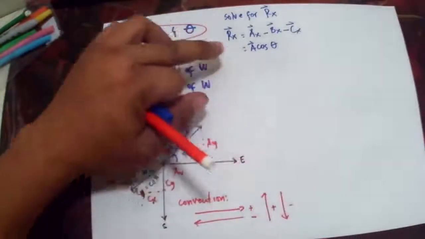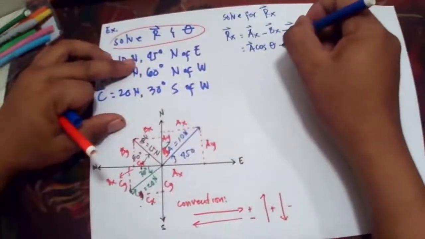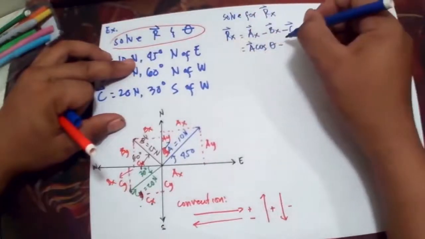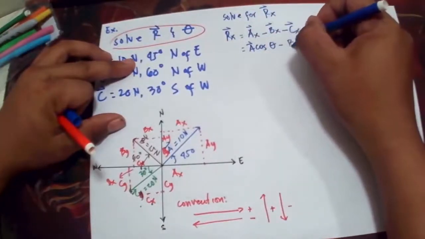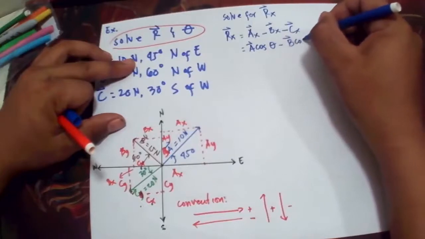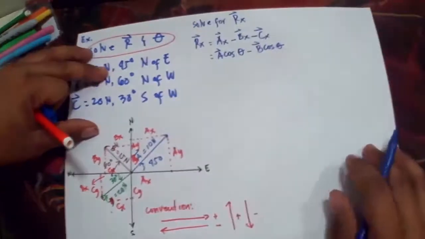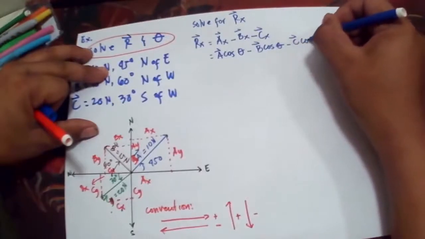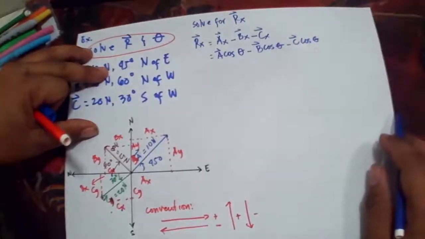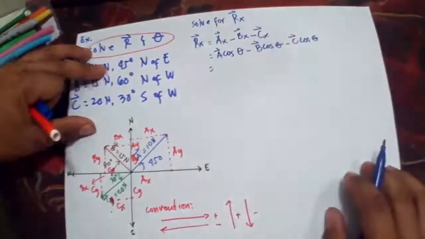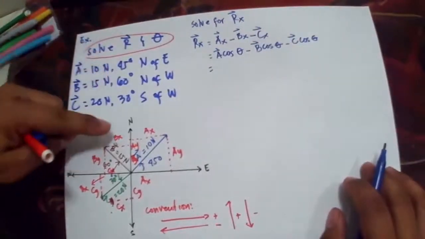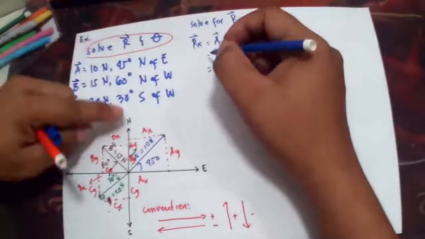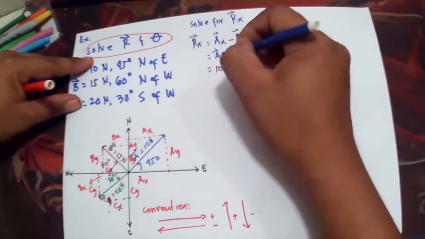So vector A cosine theta minus vector B cosine theta, and also for C, vector C cosine theta. Equals, we continue, we substitute the value for each vector here. For vector A, this is equal to 10 newtons.